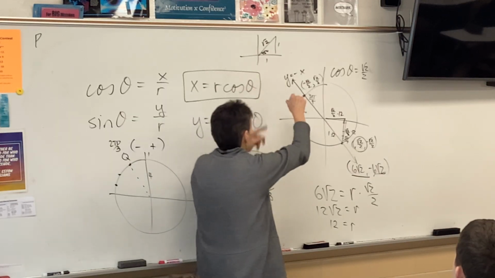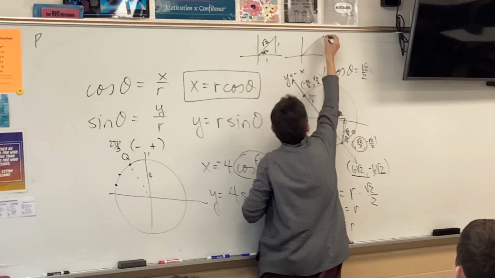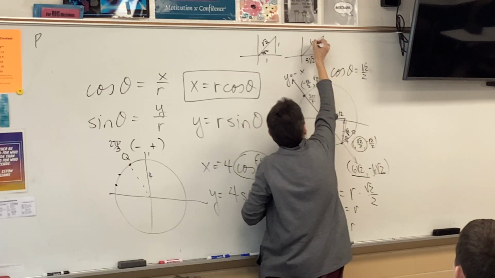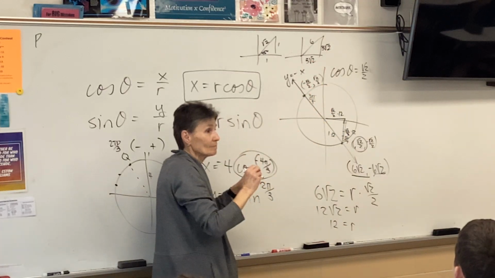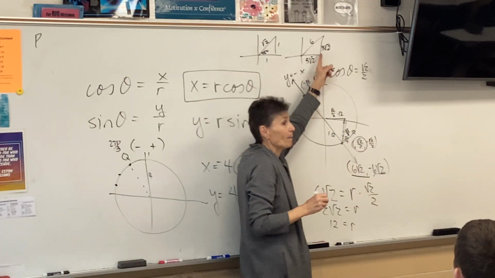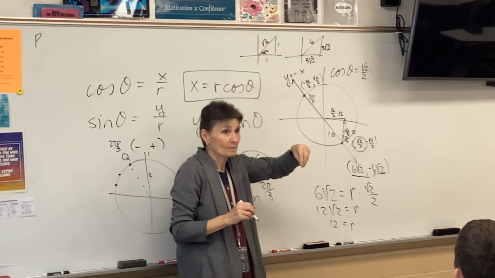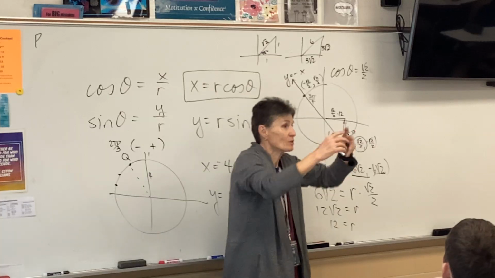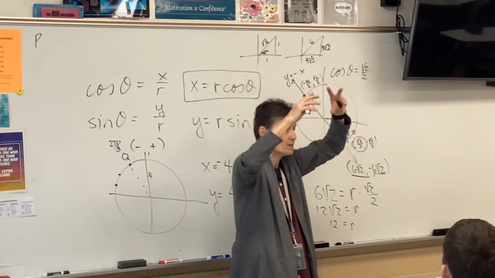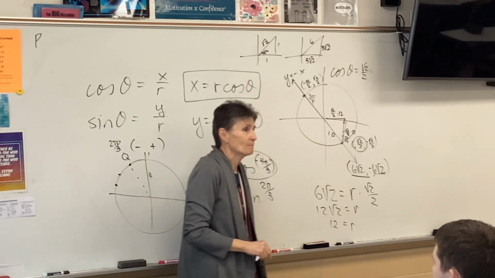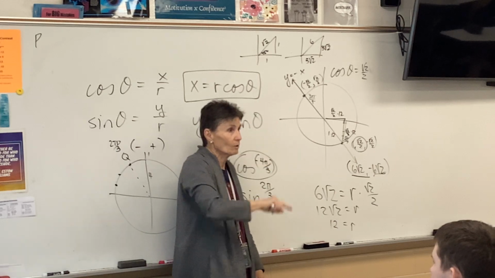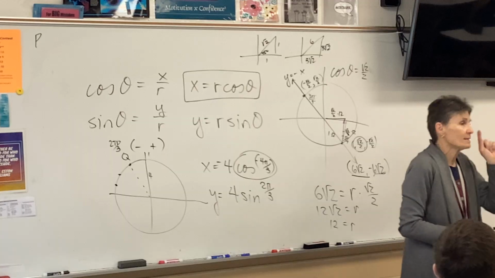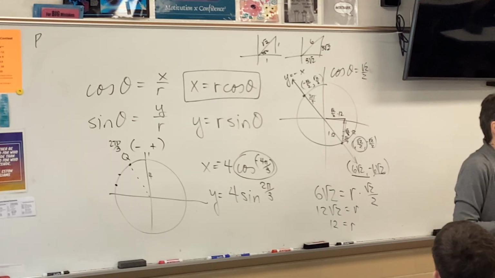If I blow that up and make it a bigger triangle, so 3 root 2, 3 root 2, 6, isn't the ratio of opposite and adjacent still the same? So the x and the y can change, the r can change, the size of the picture, in other words, can change, but the ratios will always be the same. So when you memorize your unit circle, you are memorizing that the cosine of 2 pi over 3 is negative 1/2. Always.